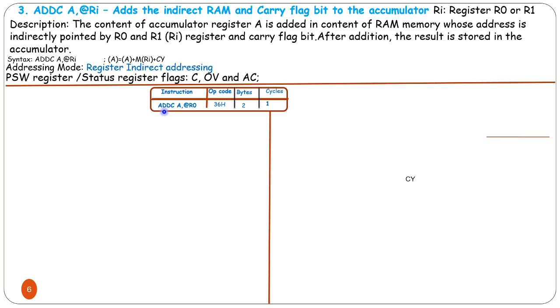Let us suppose we have ADC A, @R0. 36 is the operation code, and the bytes required to store this instruction are 2 and the machine cycle is 1.